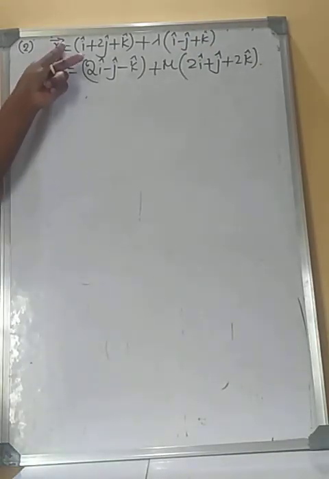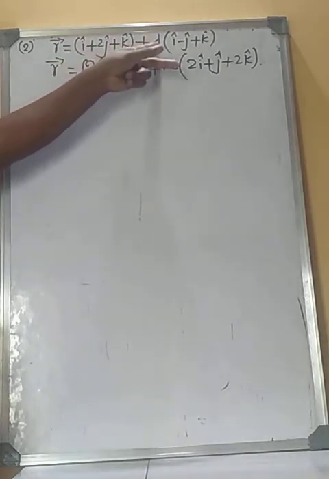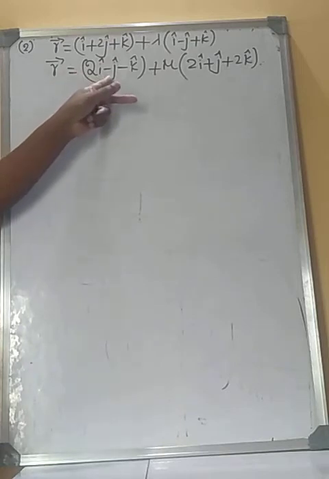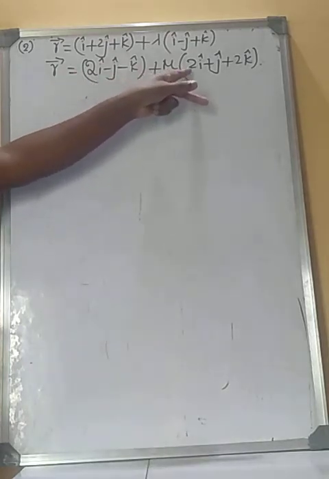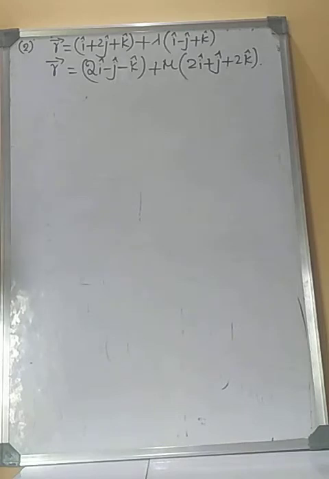Here r vector is equal to a1 vector plus lambda b1 vector, and r vector is equal to a2 vector plus mu into b2 vector.